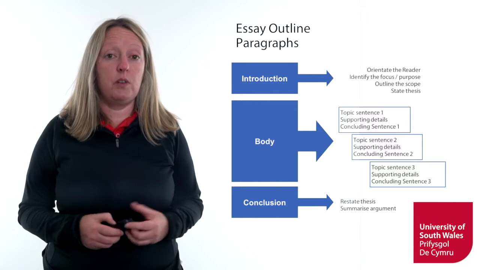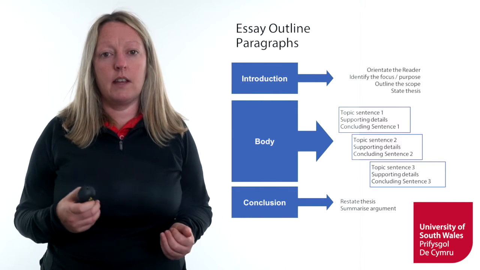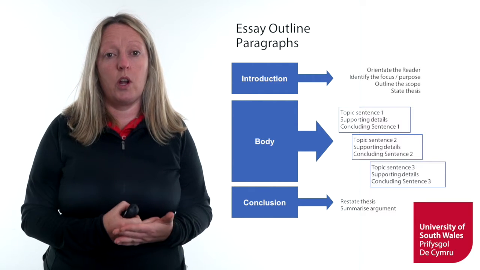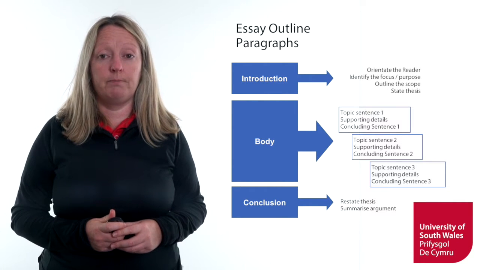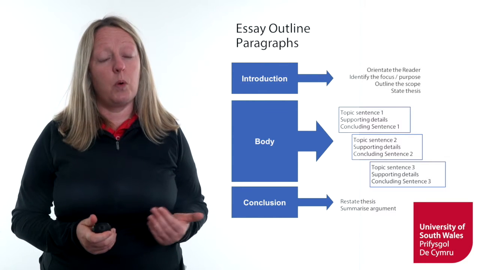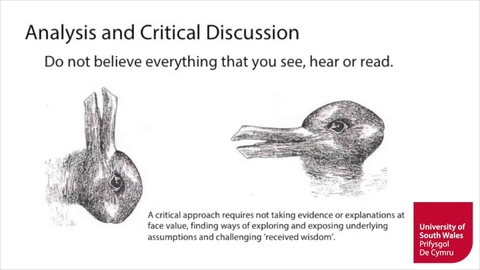We may do multiple of these within that body. And at the end of that paragraph, we may then restate a thesis or a supporting argument which backs up the points we've made in that paragraph. So it's really important not just to understand the structure of essays, but also how we look at structure in paragraphs. Analysis and critical discussion.